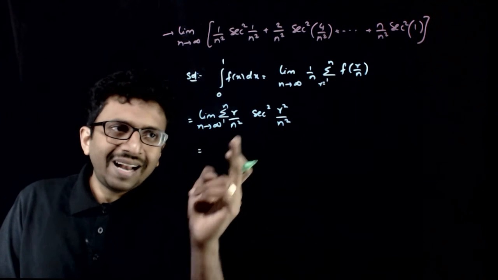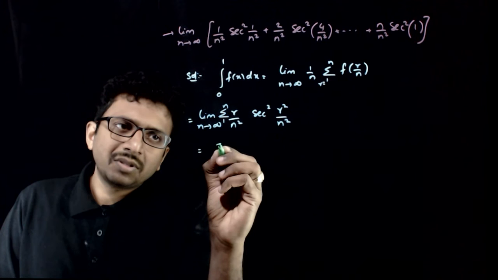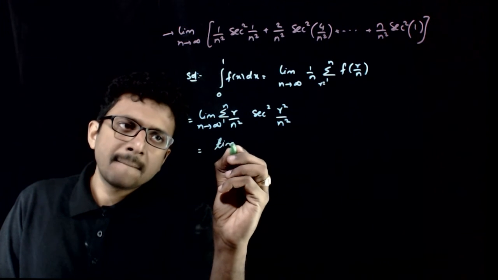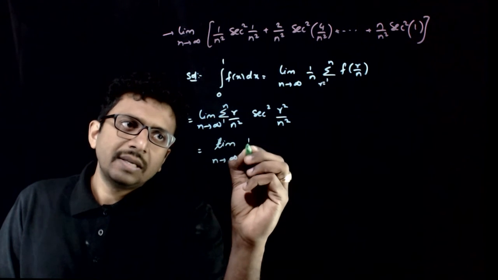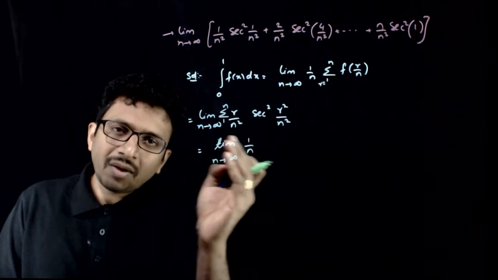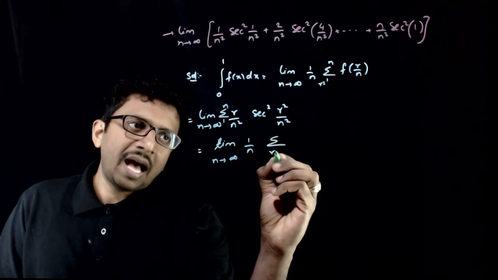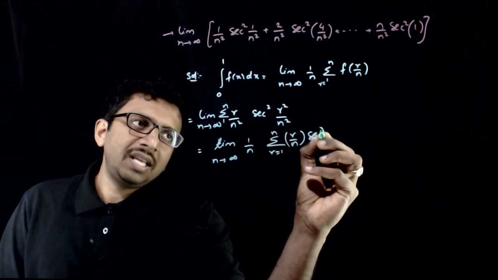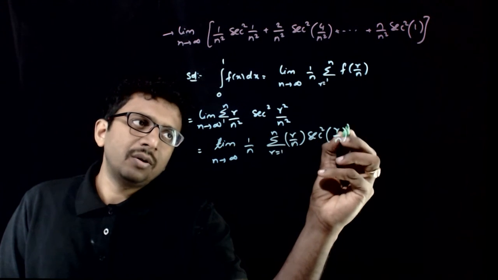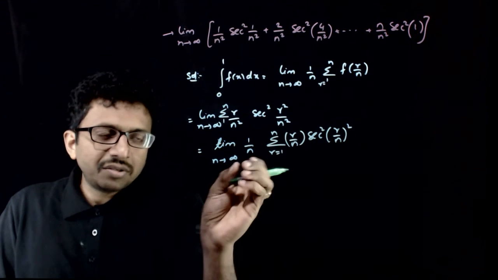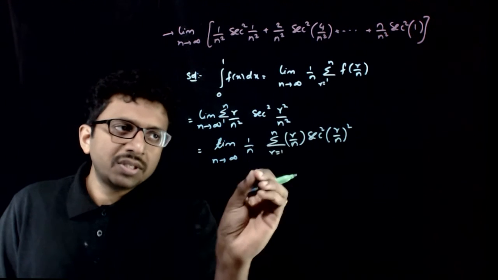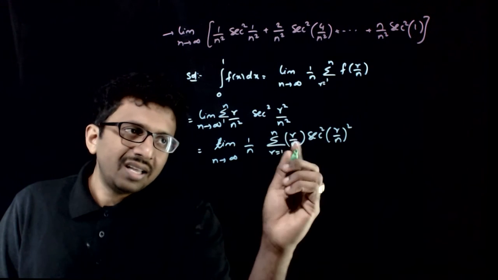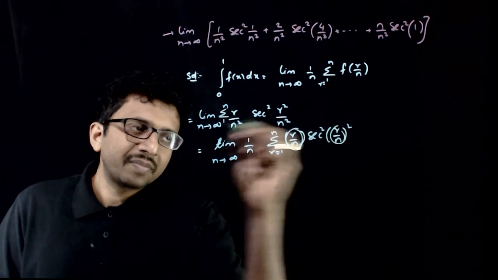So that is equal to, I'll take 1 by n common. Limit as n tends to infinity, I'll take 1 by n outside. Sigma r is equal to 1 to n, r by n times secant square of r by n whole square. Now as you can see, you have 1 by n outside and the function inside is a function of r by n.